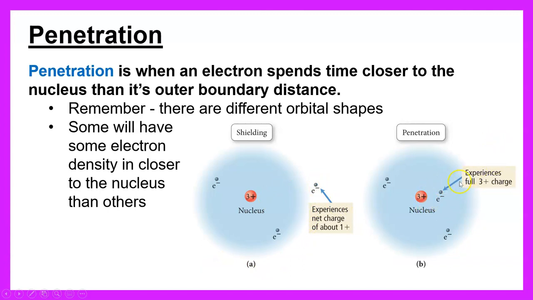And when it penetrates inwards, it will feel a stronger pull from that nucleus because it won't experience the shielding as much as when it's out here on the outside. So this electron coming in further than expected is penetration.